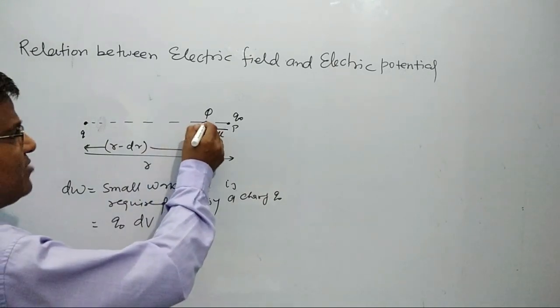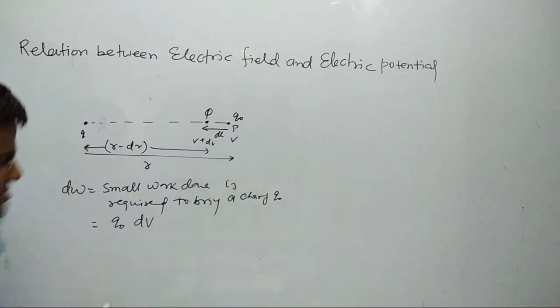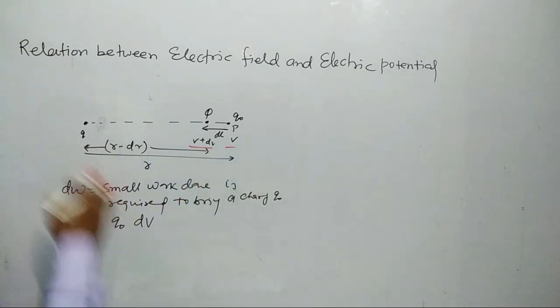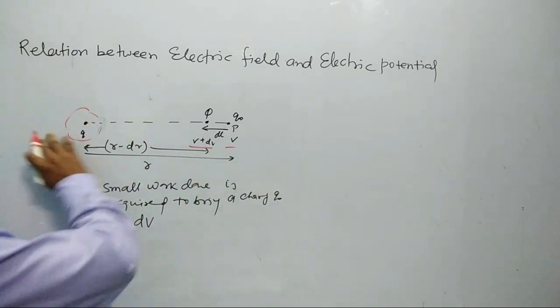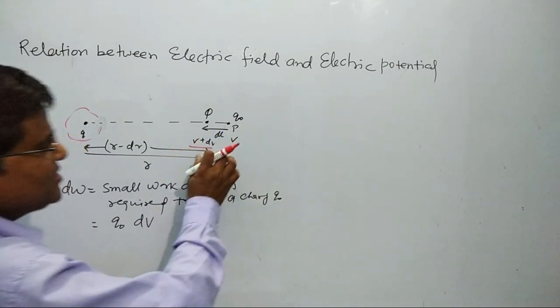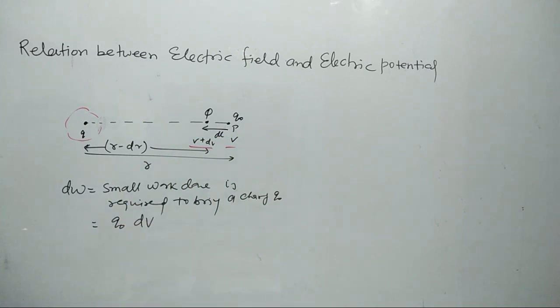At this point the potential is more, meaning V plus dV, and this point is V. Near the source charge the potential is greater, and farther from the source charge it is lesser. The potential difference is V plus dV minus V, V cancels, that remains dV, so this is Q naught dV.